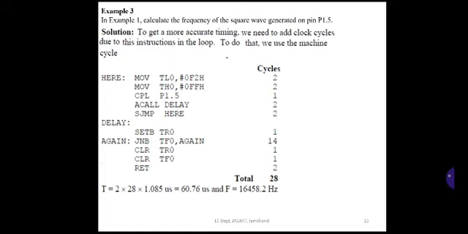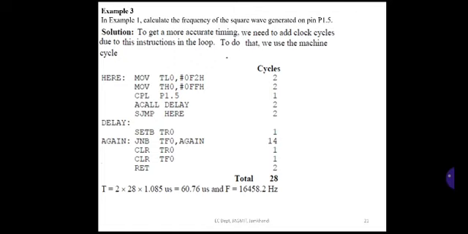You have to go through Appendix A of the textbook, The 8051 Microcontroller by Muhammad Ali Mazidi. In Appendix A, the machine cycles are given for each and every instruction. Observe this program: MOV TL0, #0F2H, MOV TH0, #0FFH. The same program is taken here, but they have included the machine cycles.